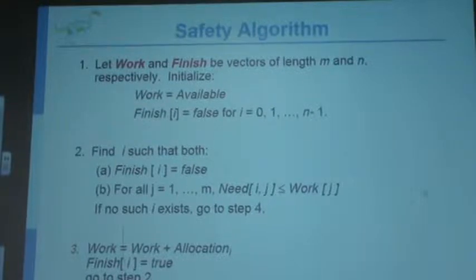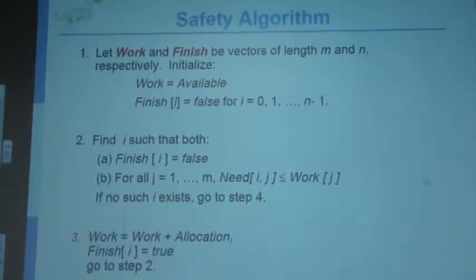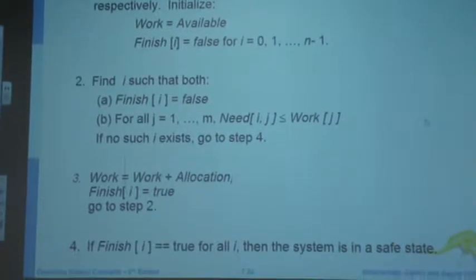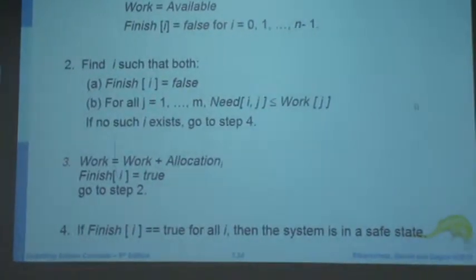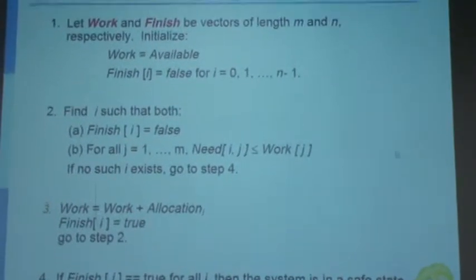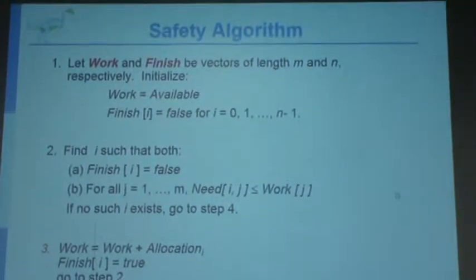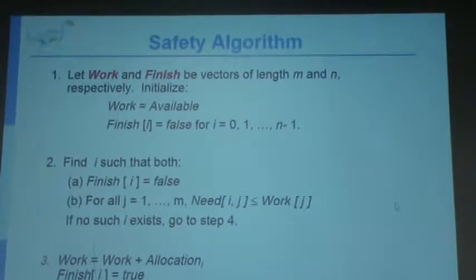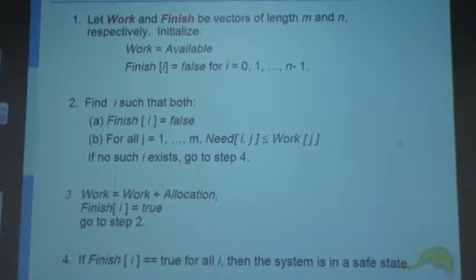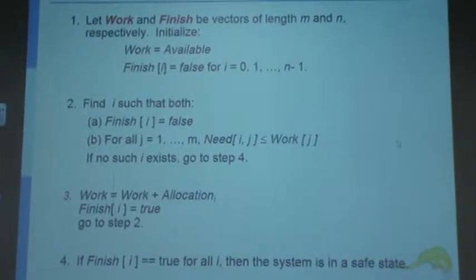So this is the algorithm. I will give you one minute to see whether you can understand this one. It looks complicated but it is a very simple algorithm. Sometimes if you see such a simple algorithm with a description, it looks complicated.